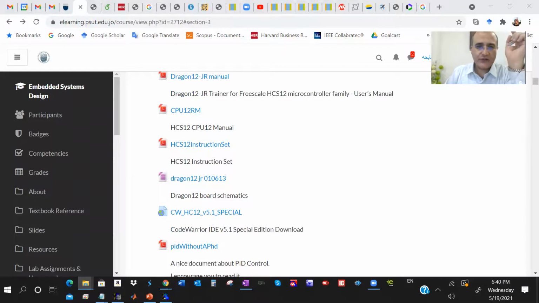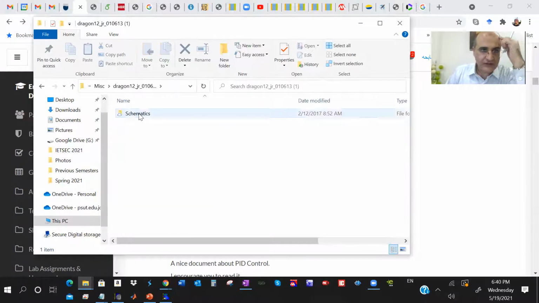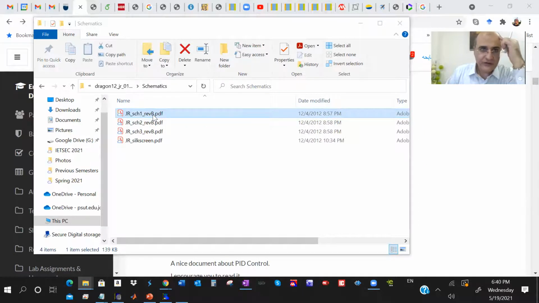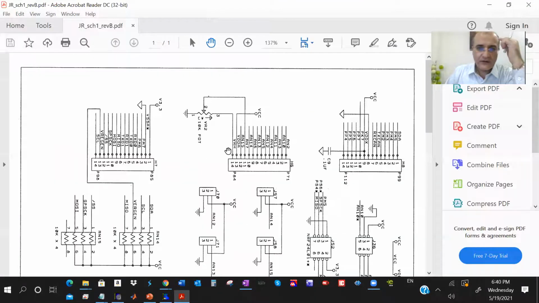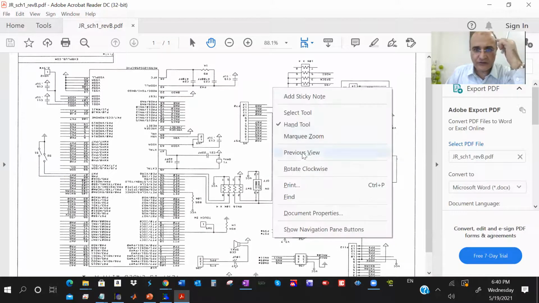I have it here uncompressed. So if we go to the schematic, it should be in one of these. And here we want to rotate clockwise a few times.